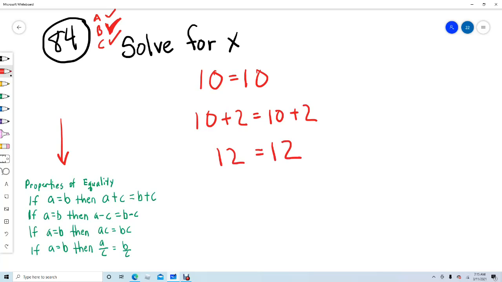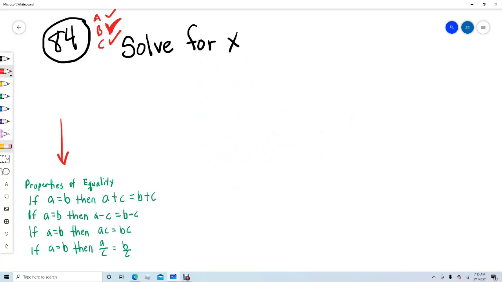You could go down each of these rules and do a similar example and find that if A equals B, then A minus C equals B minus C. All right, and these are the rules that you've been following, sometimes without realizing it, when you are solving for x. Let's see, I don't want x in this example.